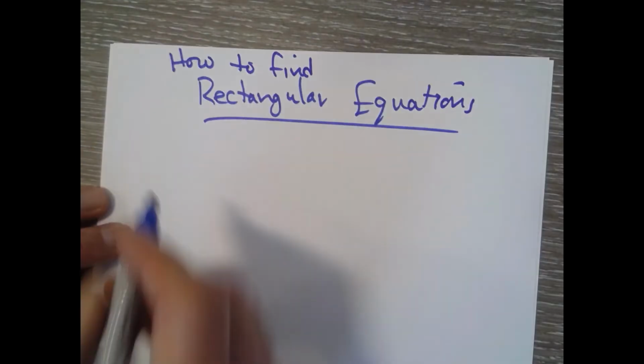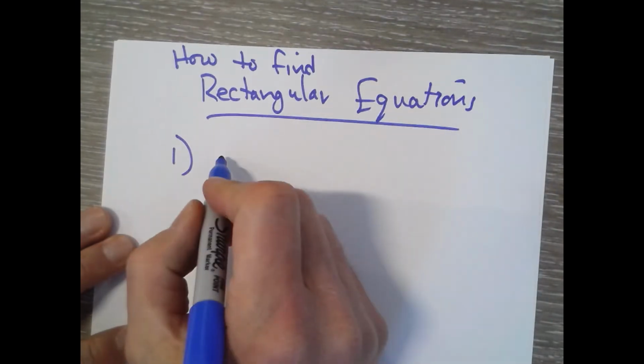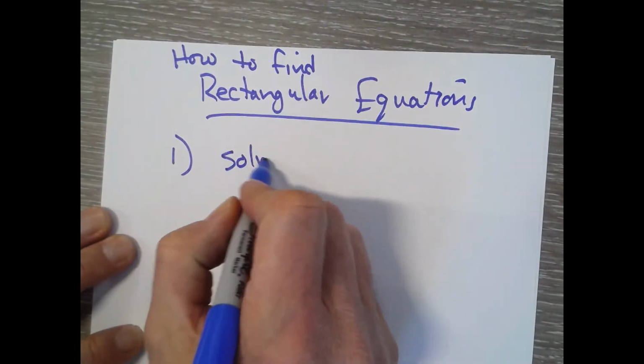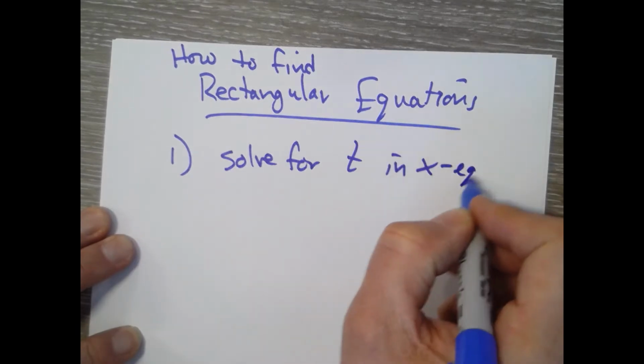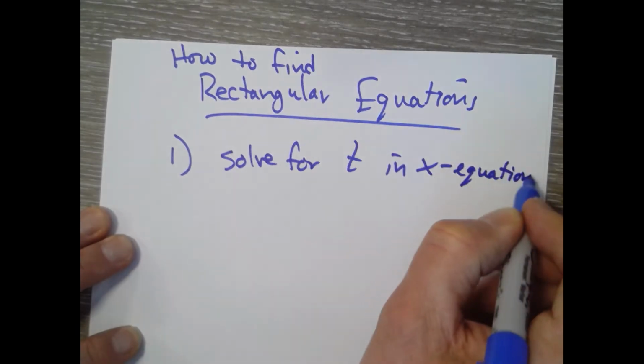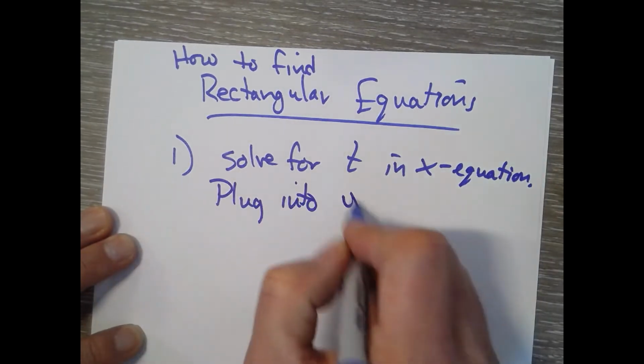We'll give you two ways. The first way always works, but there's an easier second way for some types of problems. So, first way: solve for t in the x equation, and plug into the y equation.